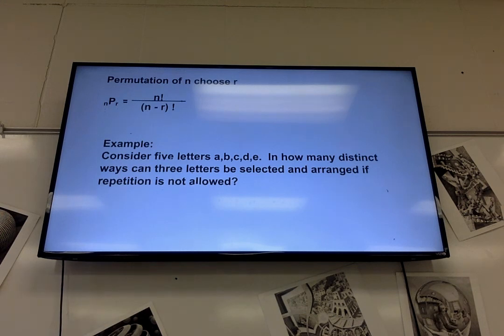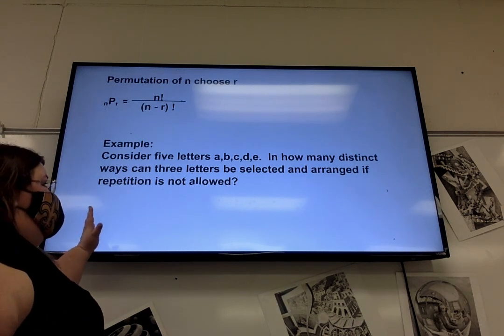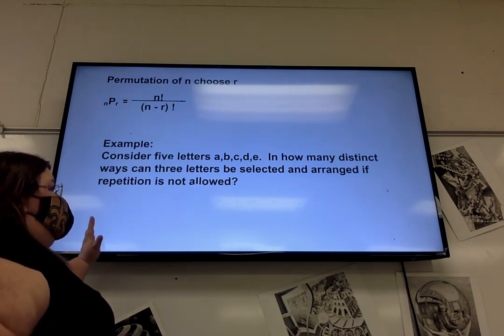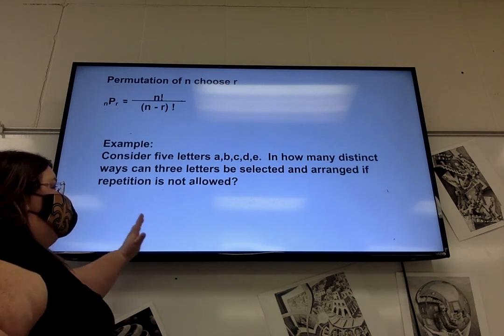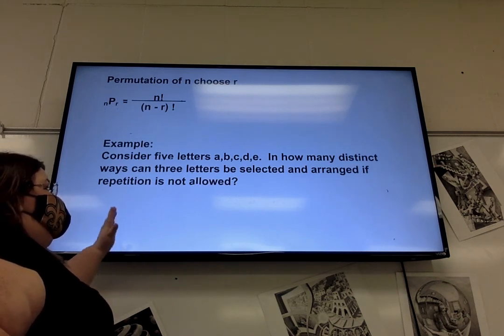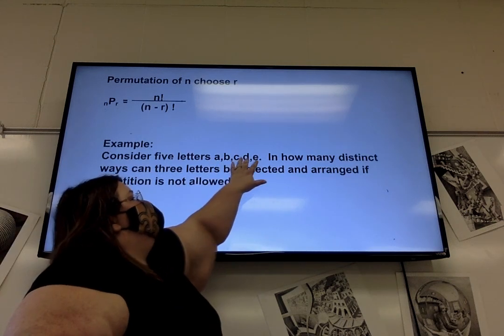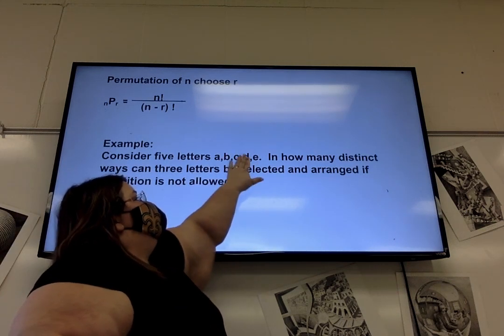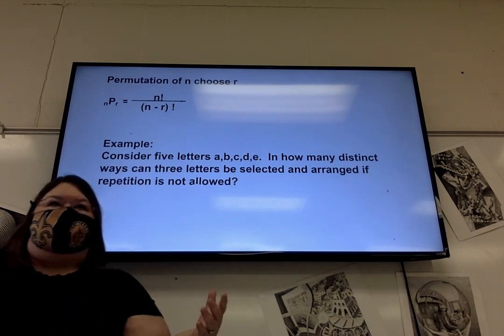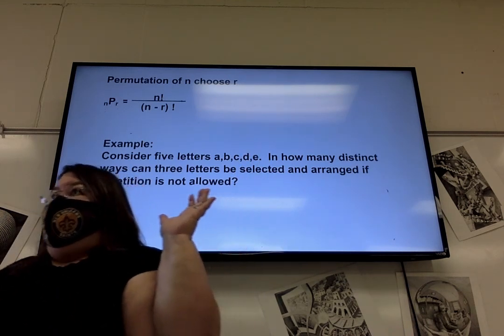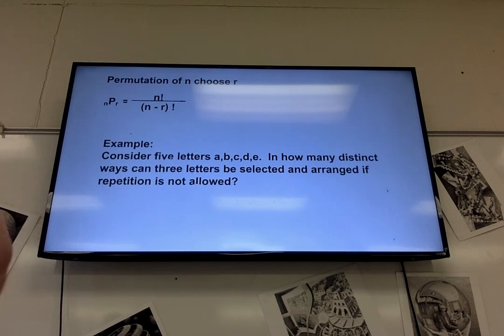So you could have A, B, and C, or you could have B, A, and C, or C, B, and A, or you might not even choose these 3. If you were actually going to write all these down, it would take forever. So this is a nice formula that does that for us.